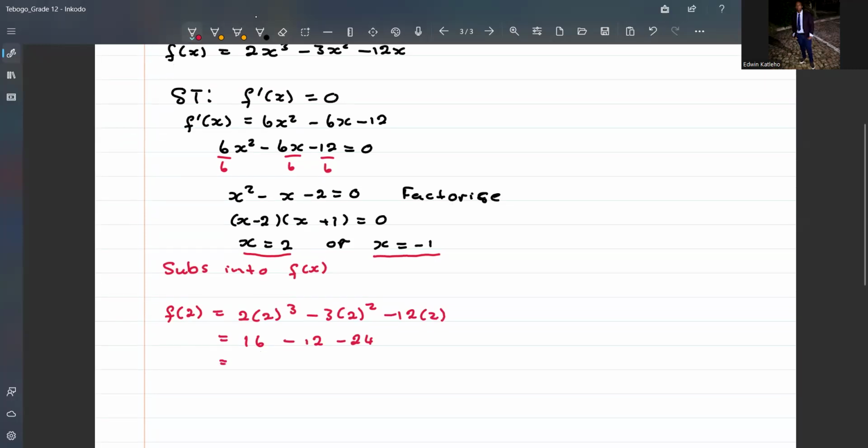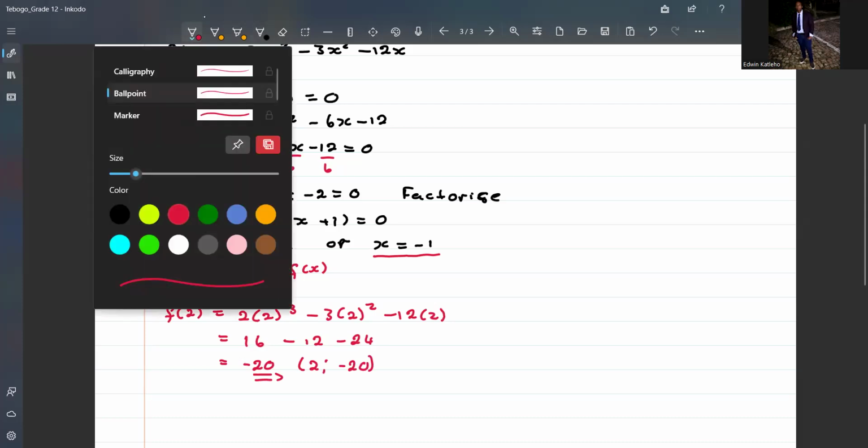Right, so from here, 16 minus 12 is 4. 4 minus 24 is minus 20. So the first stationary point will have the coordinates 2 and negative 20.